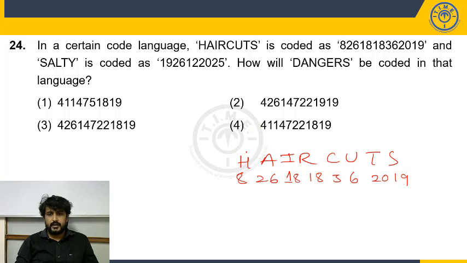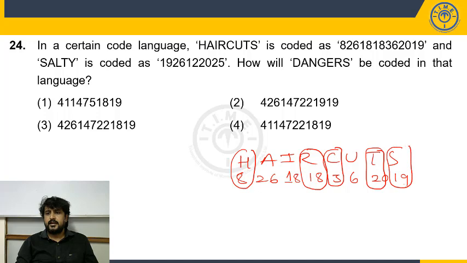If you look, H place value is 8, R place value is 18 according to the English alphabet, C's place value is 3, T's place value is 20, S place value is 19. Whereas A place value is 1, I place value is 9, U place value is 21.